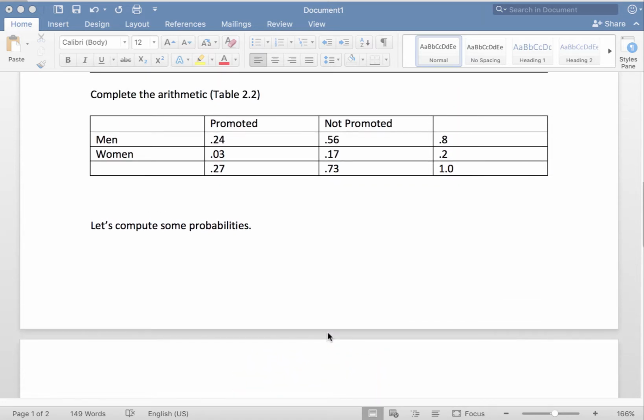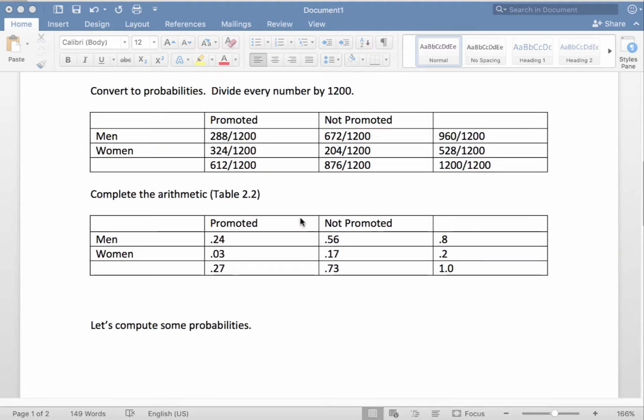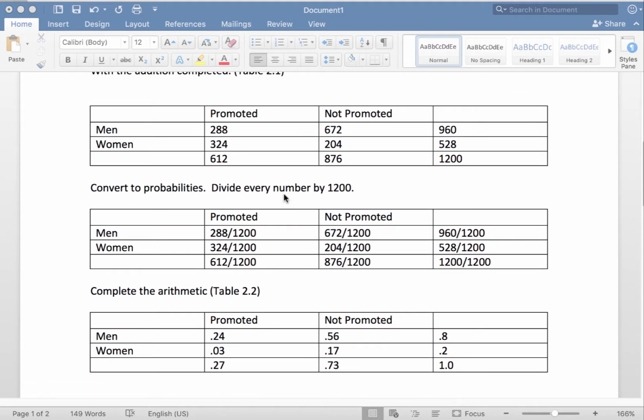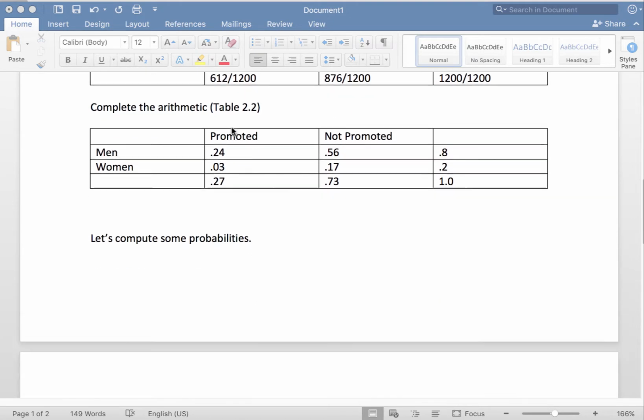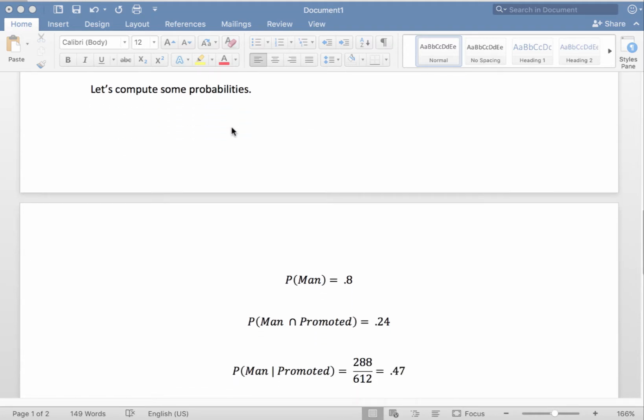You have to go back to this table. You're focusing on the subset of people who were promoted. There were 612 of them. 288 of those are men. So you can't read this out of the final probability table. You have to go back to that preceding table.